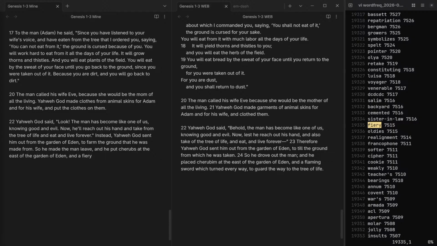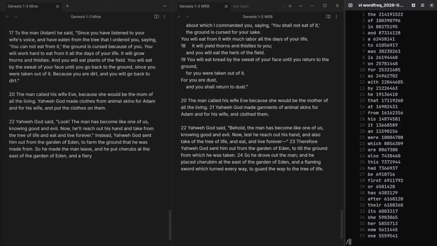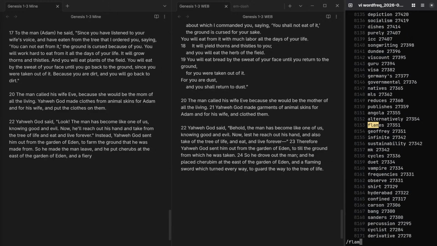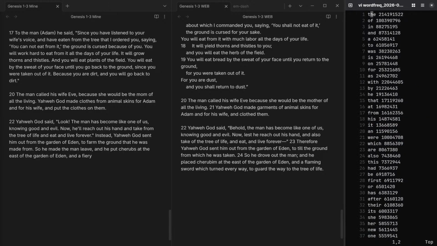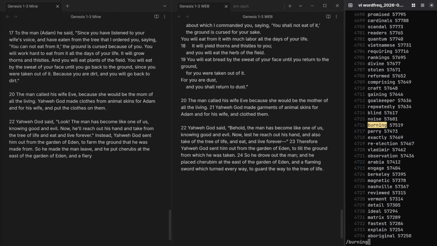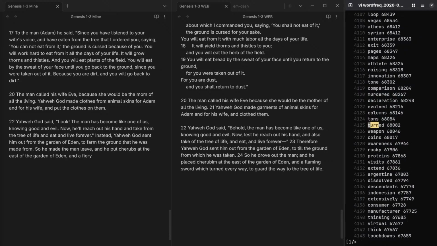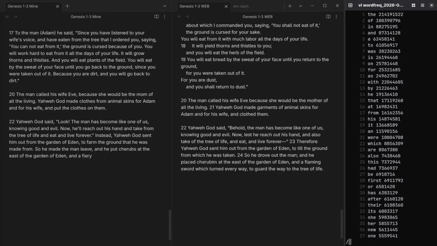Yeah, that's how you spell it. I don't think that's the best word. Flaming's not especially common, but flame is. More common. Could say burning. That's more common. A fire, a light.